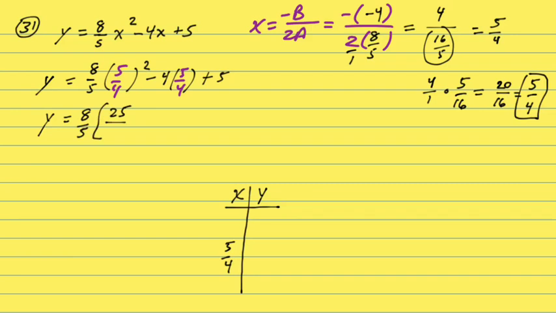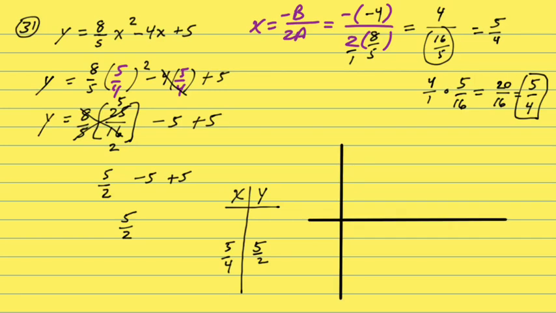That would be 25, square the bottom, 16. 5 goes into 25 5 times, 8 goes into 16 2 times, so you end up with 5 over 2. These 4's cancel, so that's minus 5 plus 5. That'll cancel, leaving you just 5/2. So I have 5/4, 5/2.